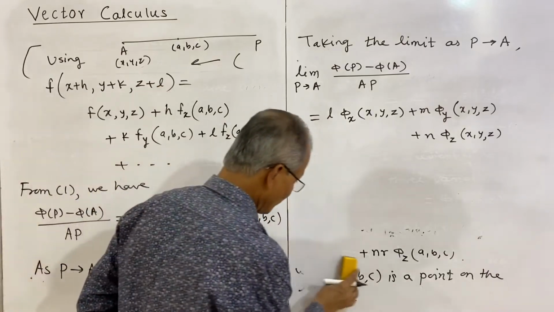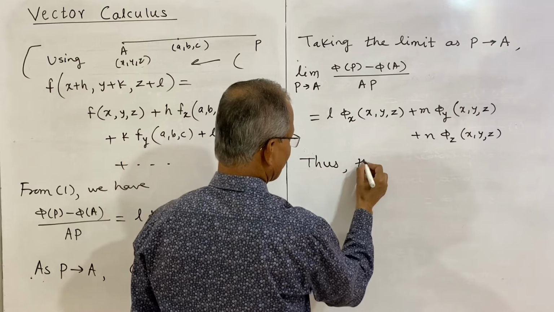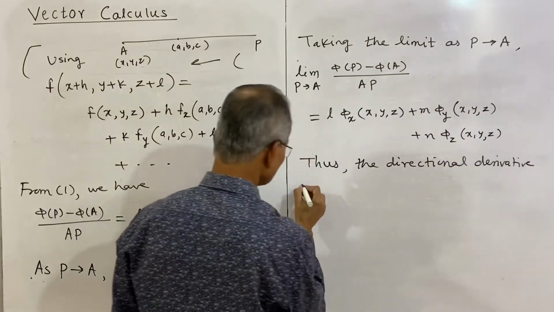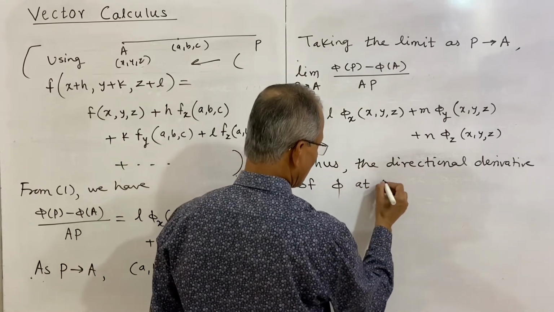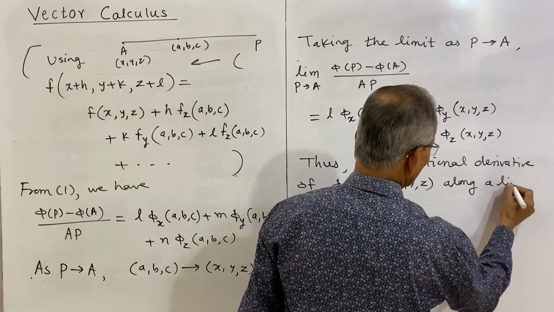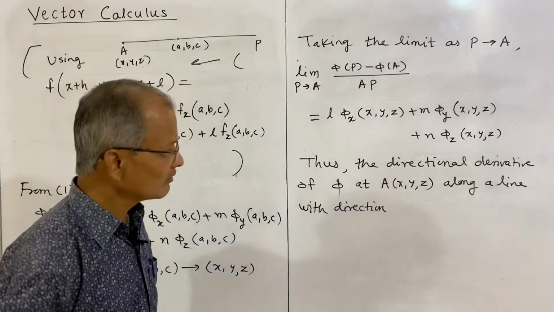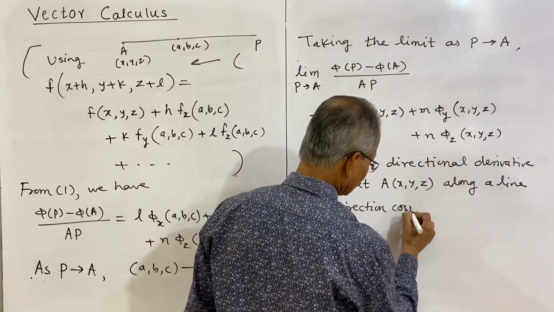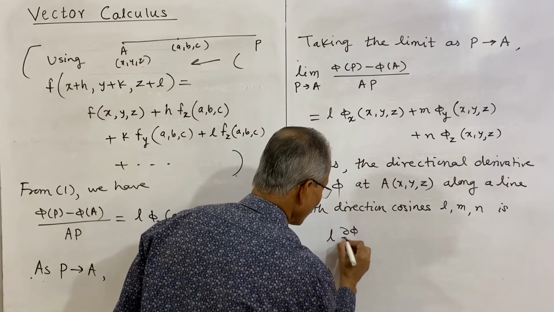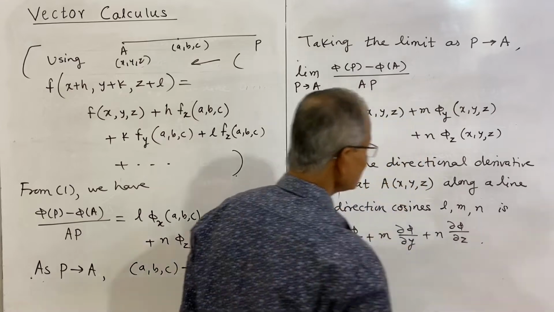The directional derivative of phi at A along the line with DCs l, m, n is this expression, that is l dou phi by dou x plus m dou phi by dou y plus n dou phi by dou z. So this result we shall remember.